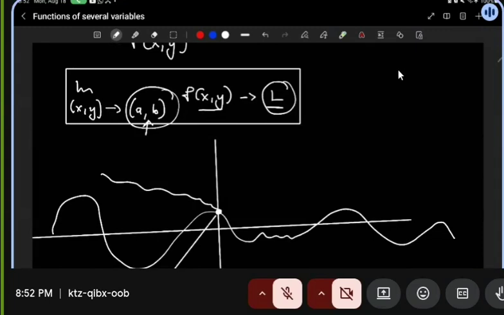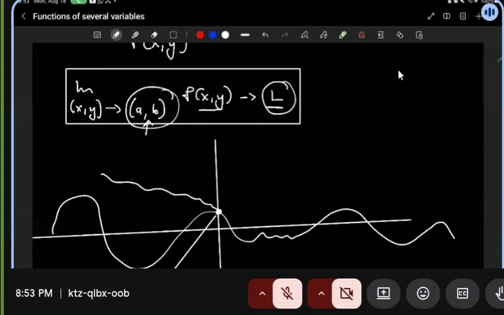But the only challenge about this is, what if what we have checked is not enough? What if there exists another route where when we approach that point, maybe it will give us a different value? So because of that, this technique of approaching the limit using different routes, mostly we use it only when you're trying to show that a limit does not exist. To show that a limit exists, however, we use a more general approach, because the argument is, even if we check two different paths, they give us the same limit.